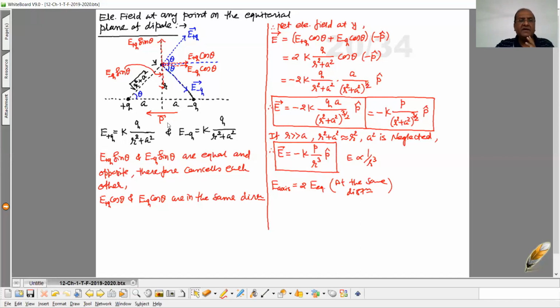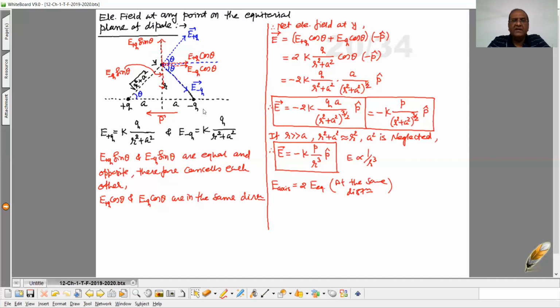Now, if we consider the angle theta as shown in the figure, and take the components of these electric fields in horizontal and vertical direction, then for E plus q we get the component E plus q sine theta in positive y direction, means vertically upward, and in positive x direction we get E plus q cos theta.